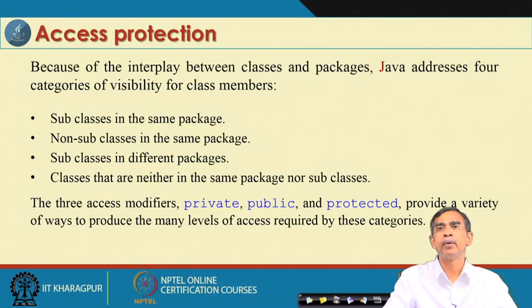So, usually people avoid the default access specification so far as the package is concerned. If you use the default access specification, then you limit it to that package, to the classes in that directory, that package only. So, all classes belonging to the same package can use the default classes.